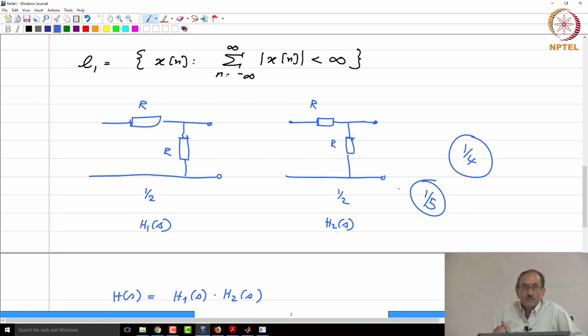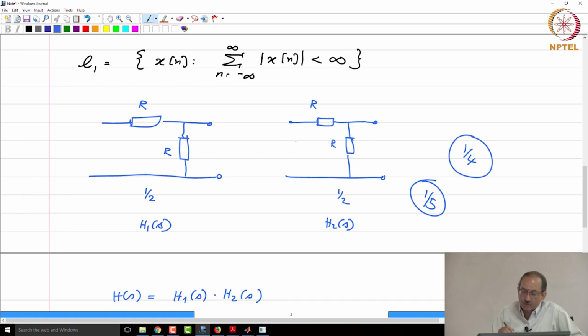So has this not been pointed out in networks and systems? Okay, very good. So what you are assuming here is there is no loading. When you connect this, the individual currents that are flowing here are not the same when you connect them.